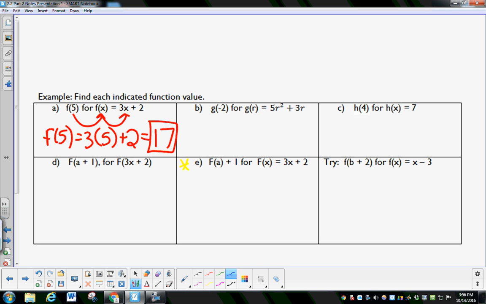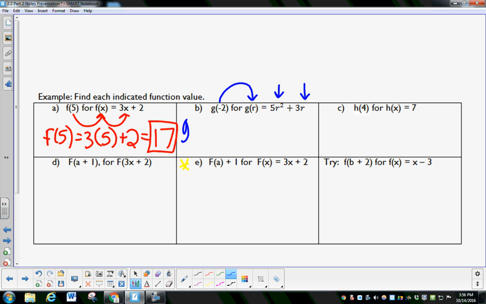Let's try another one. Now we're going to input a negative 2. So we're going to find g of negative 2 for g of r equals 5r squared plus 3r. We're going to be inputting a negative 2 wherever we see an r now. Our input used to be r, we're changing it to negative 2. So we need to put a negative 2 right there and right there.